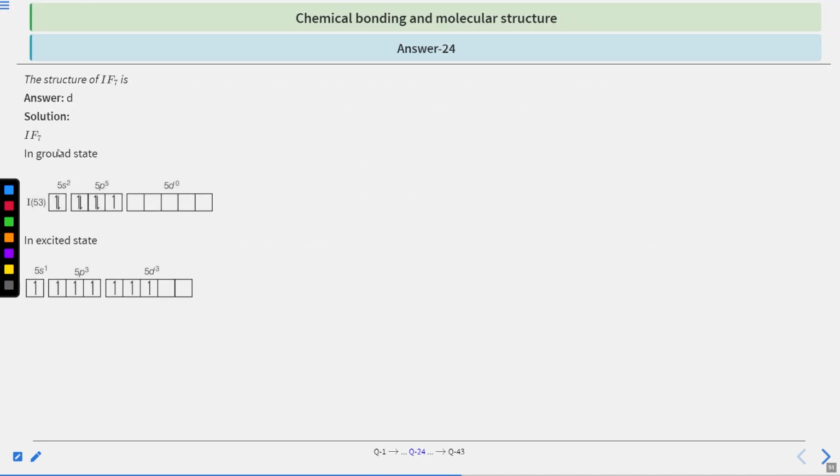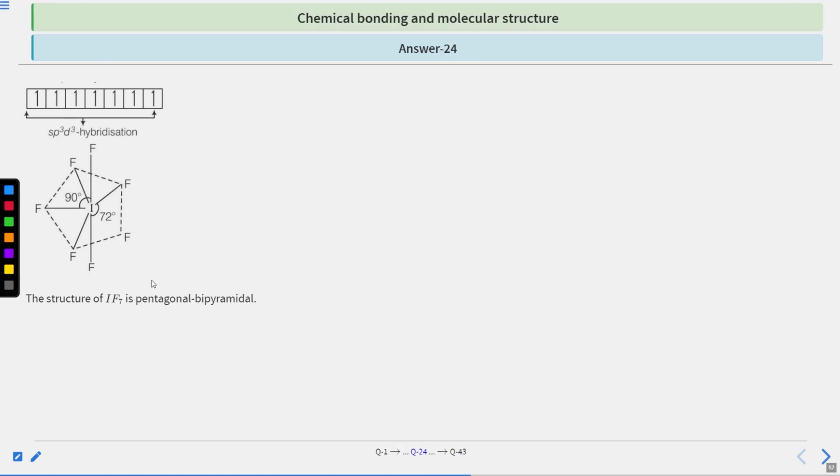Okay, so the correct answer will be option D. In IF7, the ground state electronic configuration will be this. In 5s there are 2 electrons, 5p has 5 electrons and 5d has 0 electrons. But in the excited state, 5s has 1, 5p has 3 electrons, and 5d has 3 electrons.